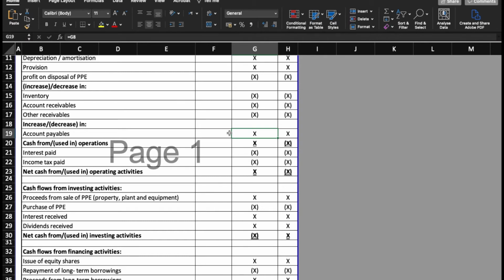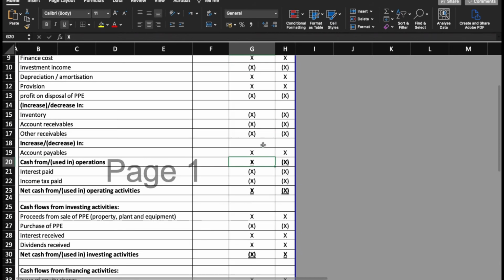Then we have also other payables, and we have also due to related parties, same scenario. Then we will reach the cash from or used in operating activities. If the amount is negative, it would be cash used, as is shown here. If it's positive, it would be cash from.